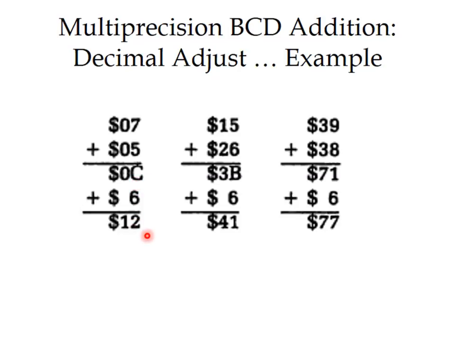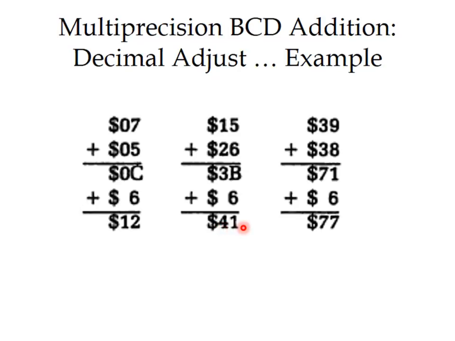That's really like magic, because if you just add 6 here, it fixes it to 12, which is the right answer in decimal if you are adding 7 and 5. Same here. If you add 6 to column B, you should get 41 in decimal, which actually is the right sum when you are treating 15 and 26 as decimal numbers.